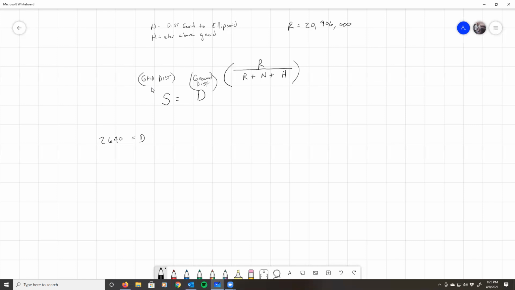It says that your 1,400 is H, which is the height above sea level.